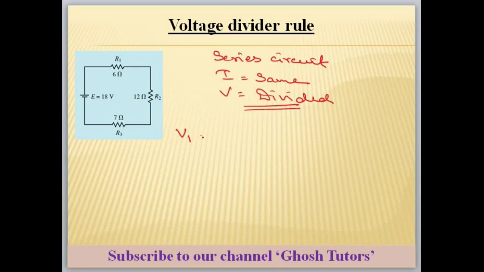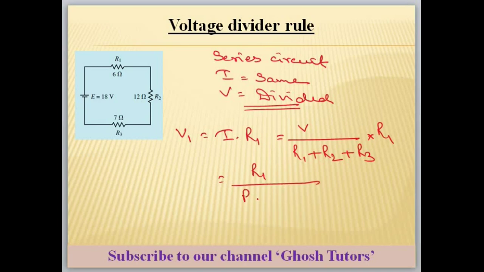This rule says V1 is equal to I into R1. I is equal to V by R1 plus R2 plus R3, into R1. Now we can say V1 is equal to R1 by R1 plus R2 plus R3, into V.